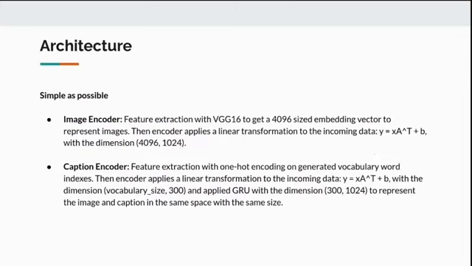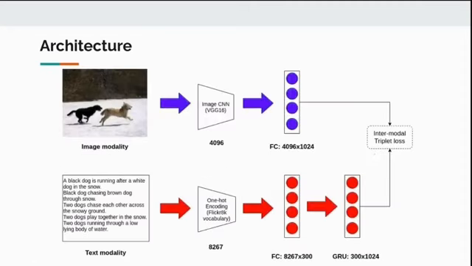So I drew my architecture. Basically, an image comes in and passes through VGG16, which is preprocessing. It's the first phase. Afterward, we feed the data.